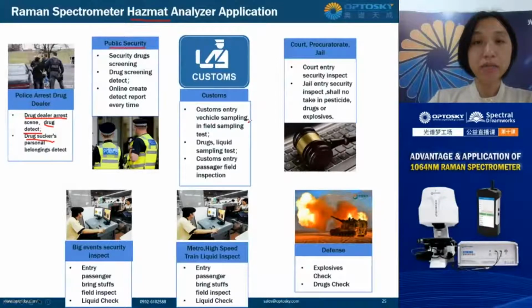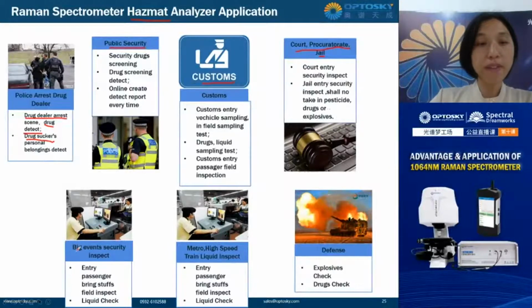Customs entry passenger field inspection, and vehicle sampling are used at customs, and also at the procuratorate, jail and court. Court entry and jail entry security inspections should not allow pesticides, drugs, or explosives, in order to ensure security.